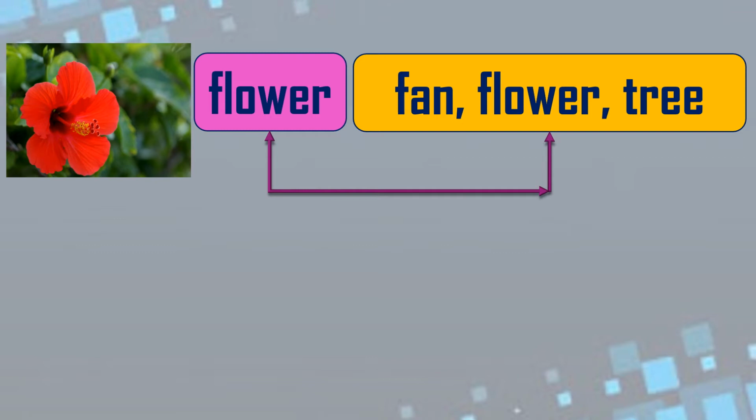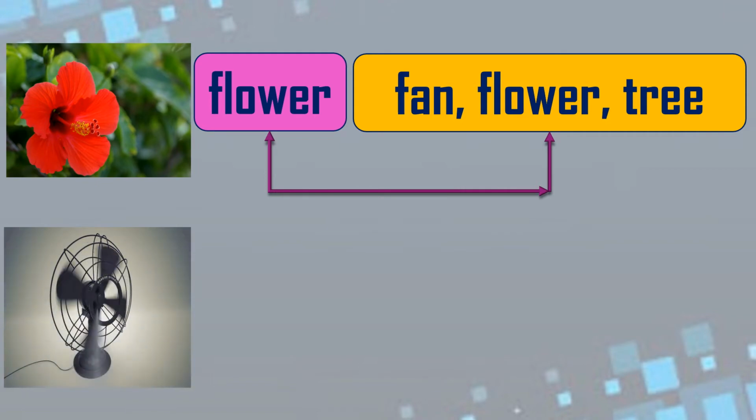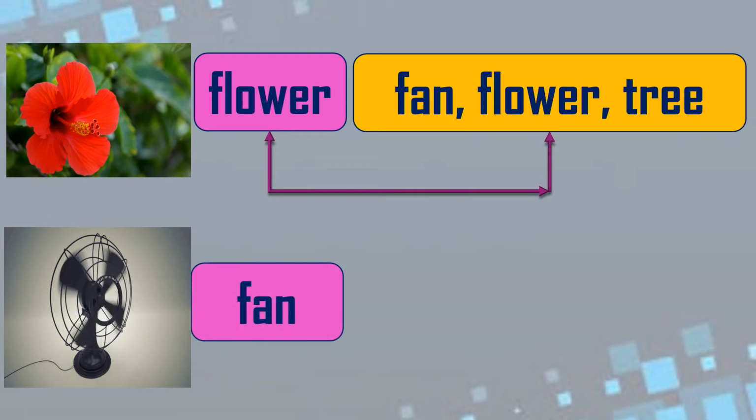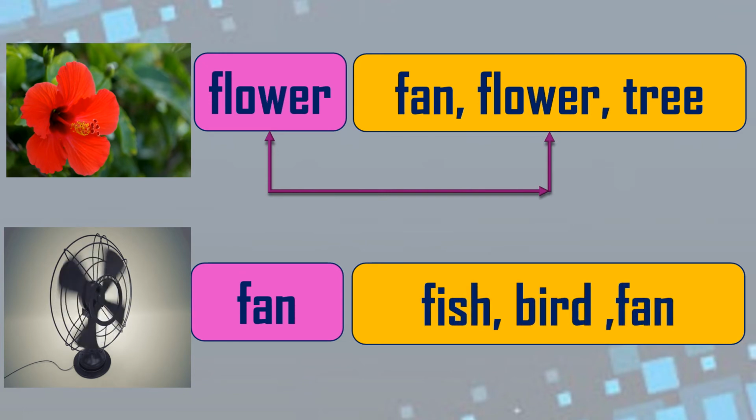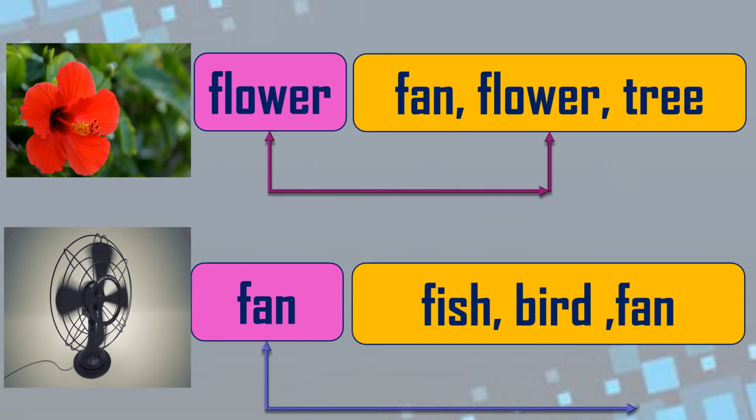Okay? One more picture from F. Fan. What is it? Fan. Again yellow box with 3 words. Join the words. Very good. Now you got how to do the activity?